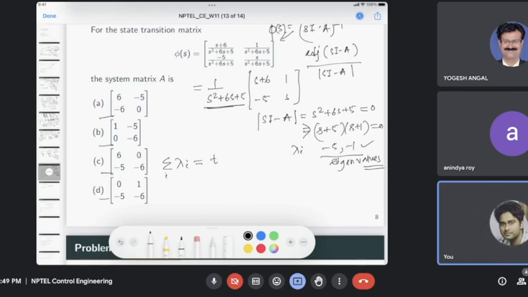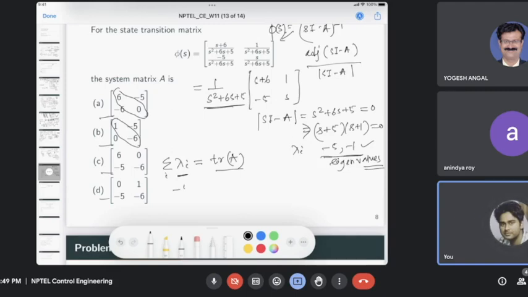So if we just add the diagonal elements, that is called the trace. It's a property of the matrix that the summation of the eigenvalues equals the trace of the matrix.